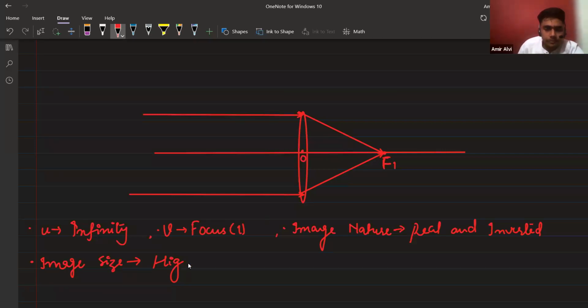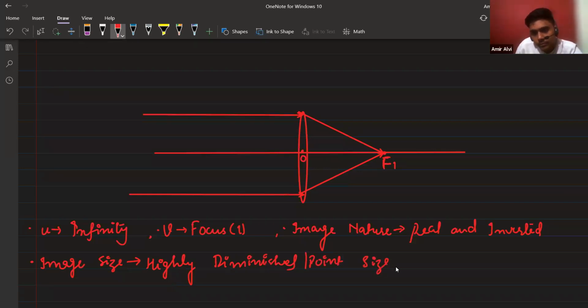Clear? So it would be highly diminished, or point size, you can say. Highly diminished is the word used in ray optics to define point size. Suppose you have a convex lens and the rays are coming directly from the sun.